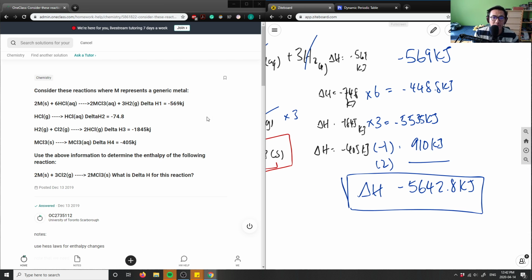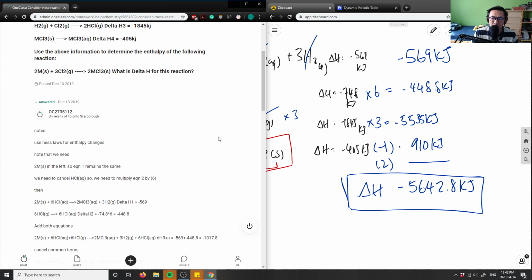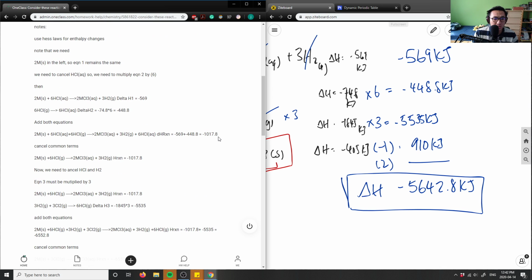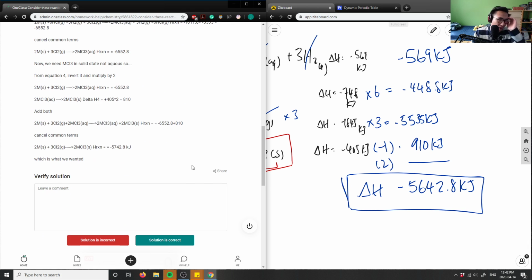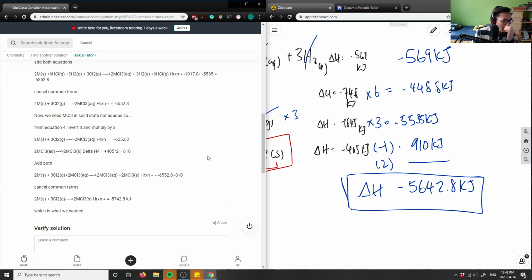Multiplied by 6, multiplied by 3, and then multiplied by negative 1 and 2, right? So I think their problem is actually off by 100. So let me just double check their math here. I'm going to double check this guy here. So 6,552 plus 810 will give me negative 5,742.